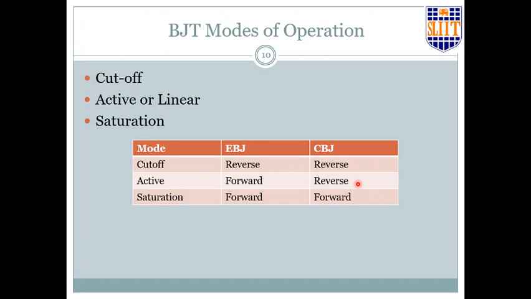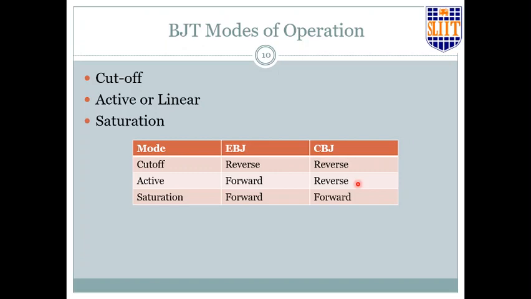Before that we will talk about the active region and active operation. Now for cutoff operation you can see that both the PN junctions are reverse biased or non-forward biased.